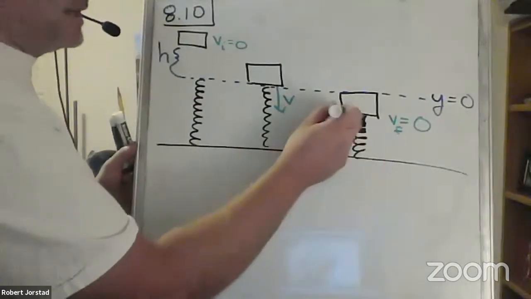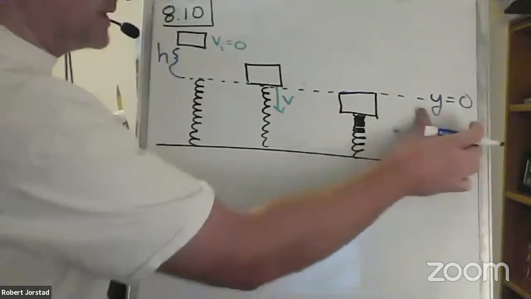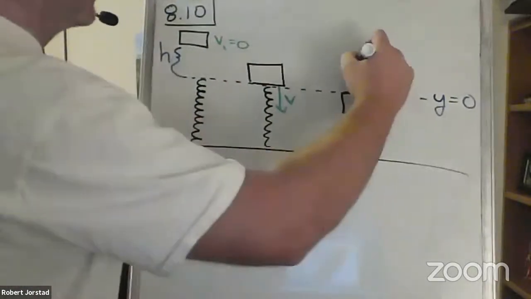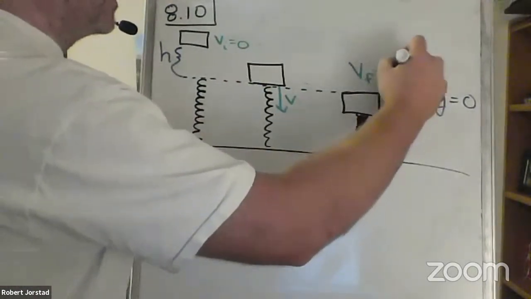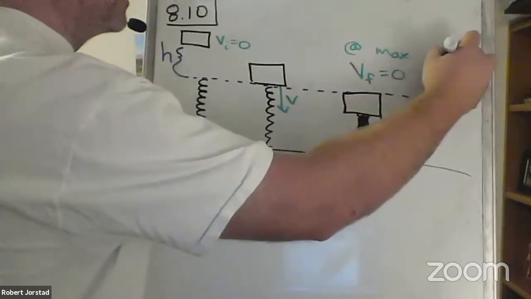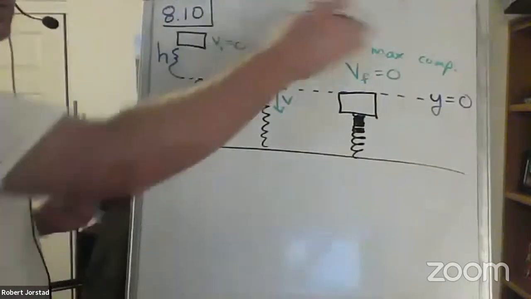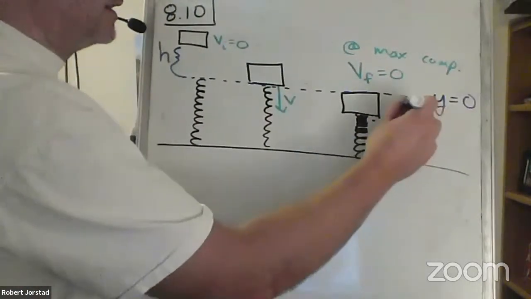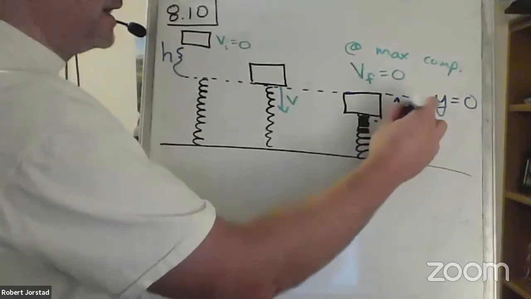I'm having trouble fitting this all in. Let me squeeze it in here. So at maximum compression, this is 0. And notice this is some distance.